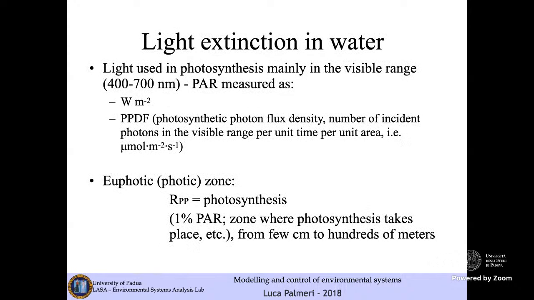In general, we consider that light used in photosynthesis is mainly in the visible range. So we have said this is between 400 and 700 nanometers.